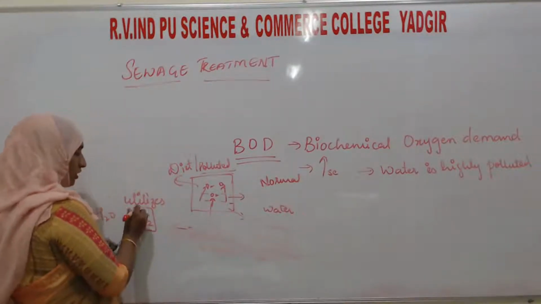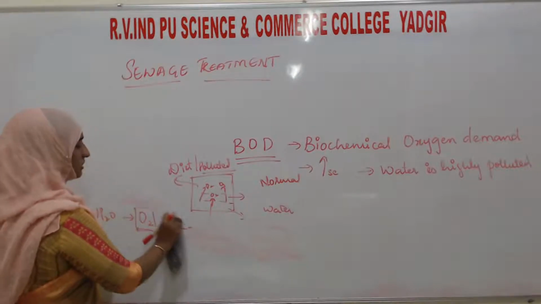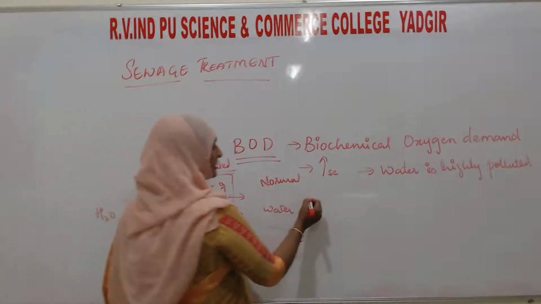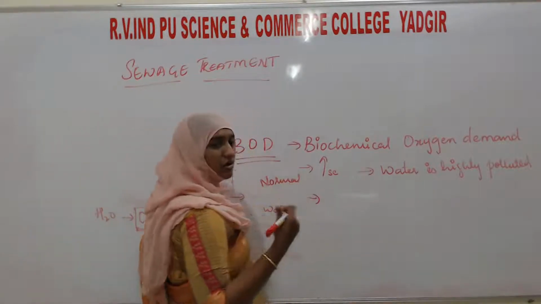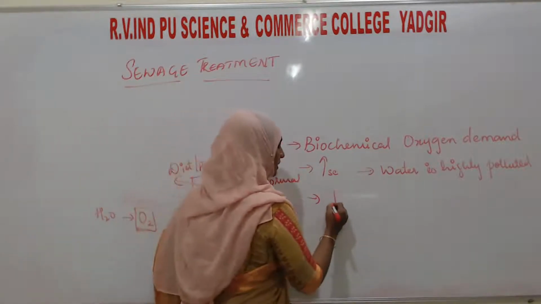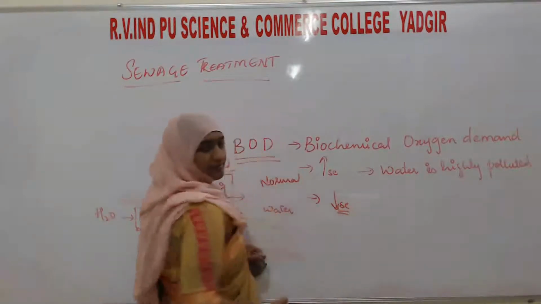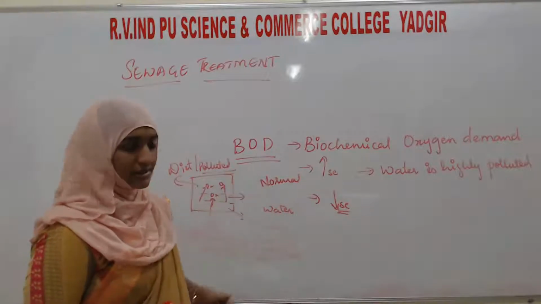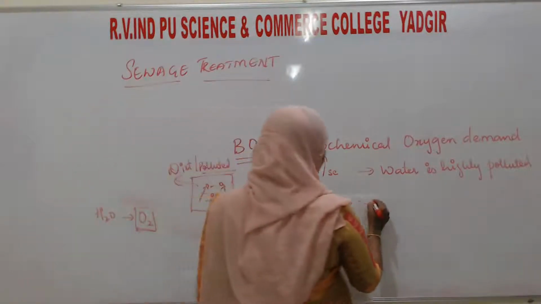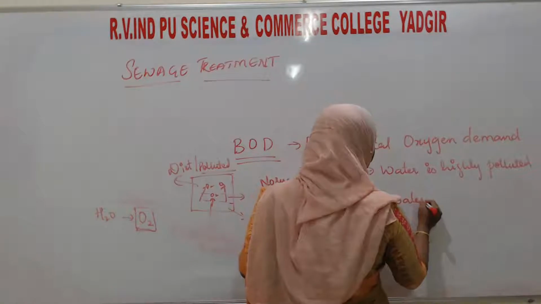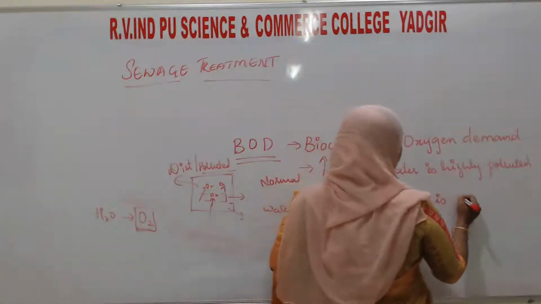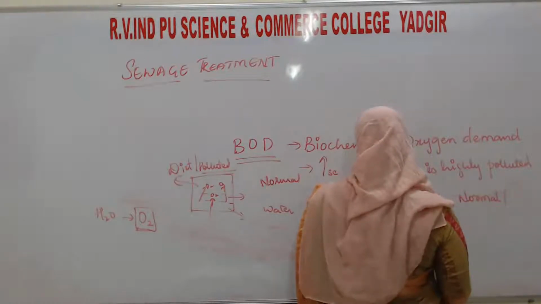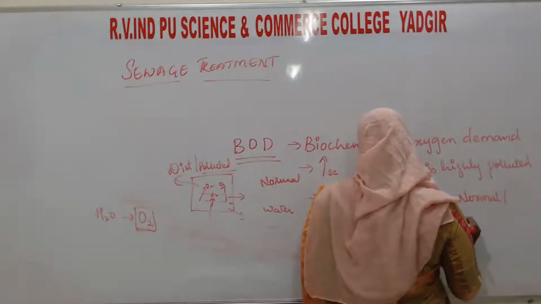Whatever oxygen is there will remain as it is, so the BOD, or the oxygen demand, will decrease. If the biochemical oxygen demand is decreased, we can say the water is normal or fit for drinking.